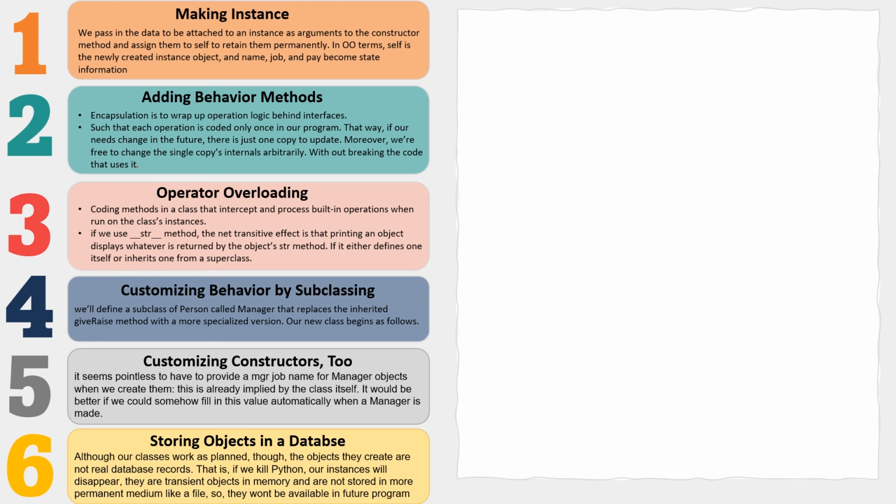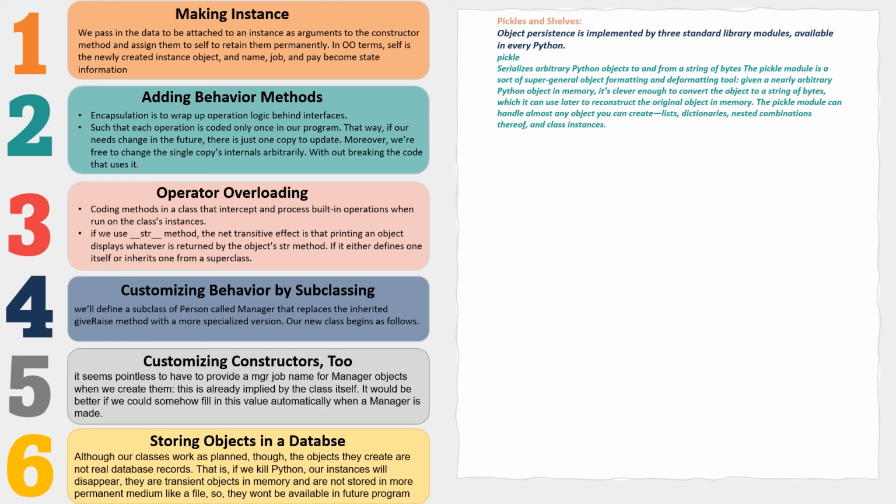Now, object persistence is implemented by three standard library modules that are available in every Python. The first and most important one is pickle. Pickle, what does it do? It serializes arbitrary Python objects to and from a string of bytes.